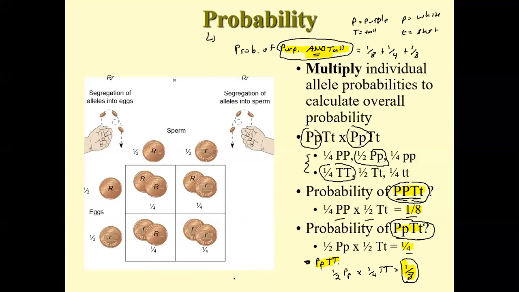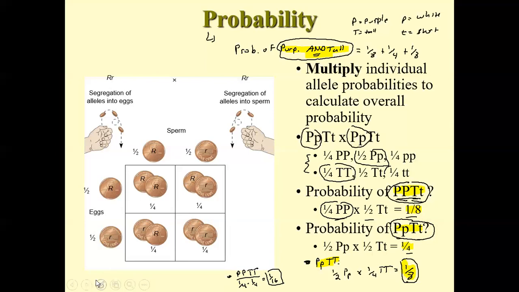So you got to also remember you have your big P, big T, that would be purple and tall. So remember the likelihood of getting big P is 1/4. The likelihood of getting little t, big T is also 1/4. So it's 1/4 times 1/4, okay? And you have a 1 in 16th chance of getting that particular genotype that's homozygous dominant.